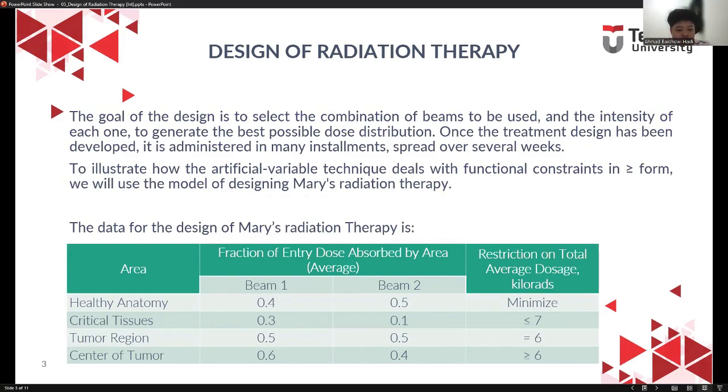For beam 1, the healthy anatomy is 0.4, the critical tissue is 0.3, the tumor region is 0.5, and the center of tumor is 0.6. And for beam 2, the healthy anatomy is 0.5, the critical tissue is 0.1, the tumor region is 0.5, and the center of tumor is 0.4.